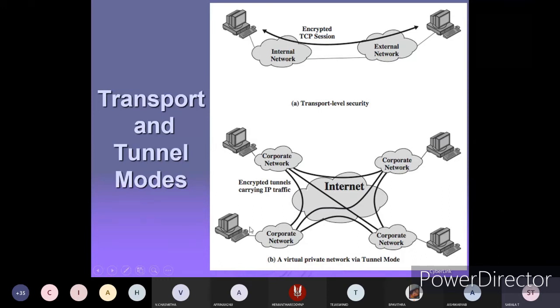Transmission from one network to another network is always done through tunnel mode. If you are using tunnel mode, then any intermediate router in these tunnels can't access the IP header information or IP security header information. That is the main security provided by the tunnel mode transmission method.